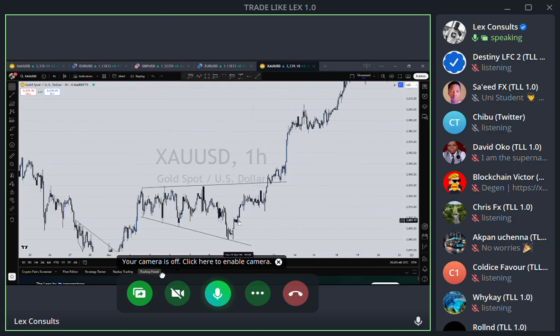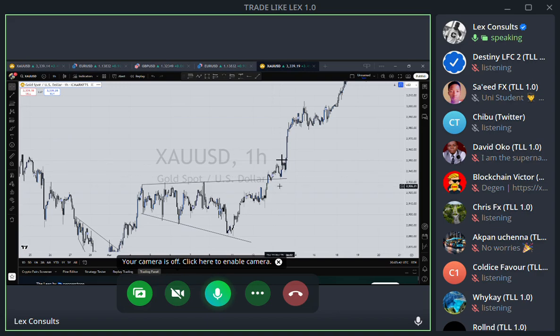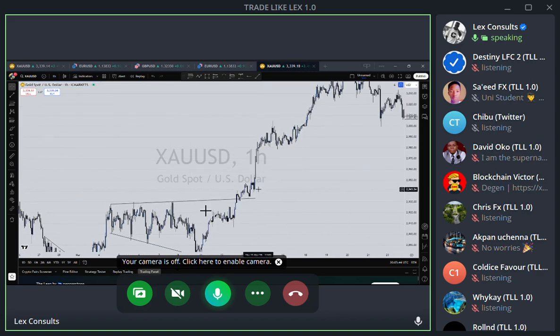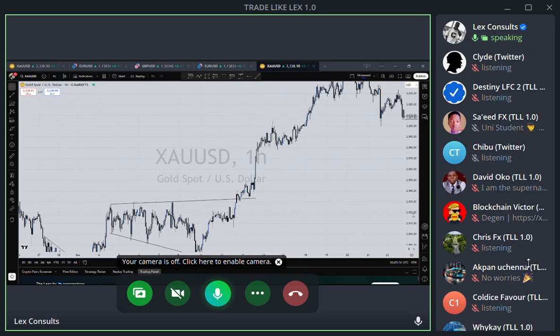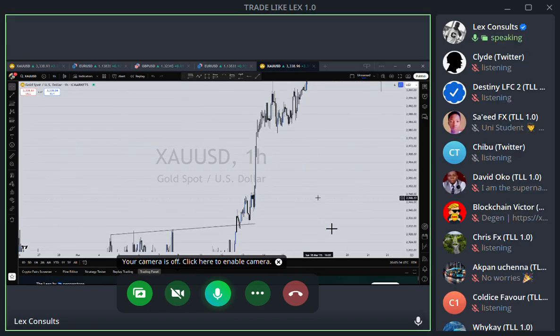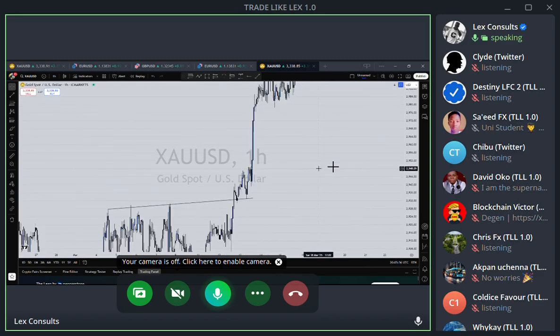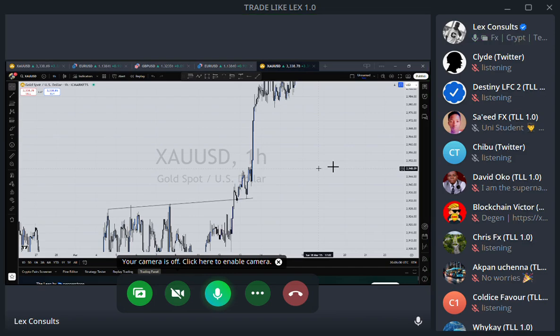It gave me an expanded form of the pattern. So from here, I can tell, okay, this is how the pattern is. It breaks out, retests, and then you take your trade. There's no point looking for entry anywhere. Just wait for it to break out, retest, and take your entry. Place your stop loss below the support. There's nothing special there. Please, any other question?